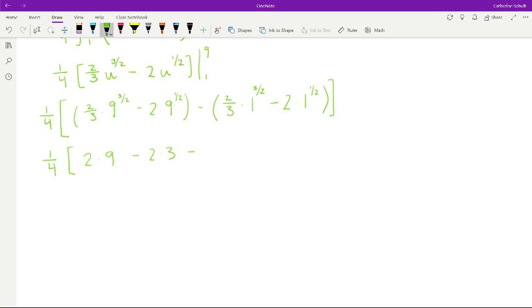And then minus, these are both just going to be 1. So minus 2/3 minus negative 2, which will be plus 2. Okay, so we're looking at 1/4 times 18 minus 6 minus 2/3 plus 2. So here we go. 18 minus 6 is 12, plus 2 is 14.